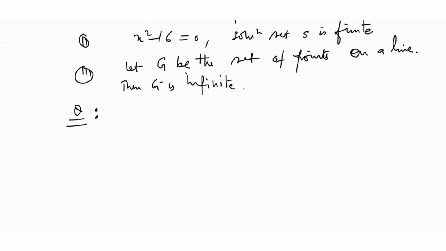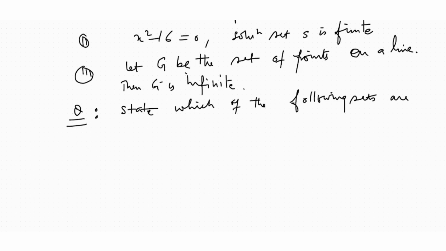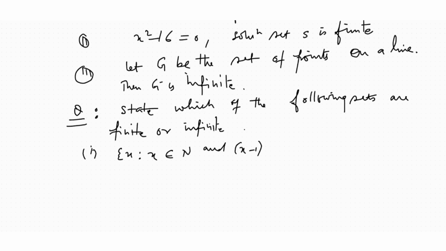Let us say, state which of the following sets are finite or infinite. So number 1, {x such that x belongs to capital N and (x minus 1)(x minus 2) is 0}.